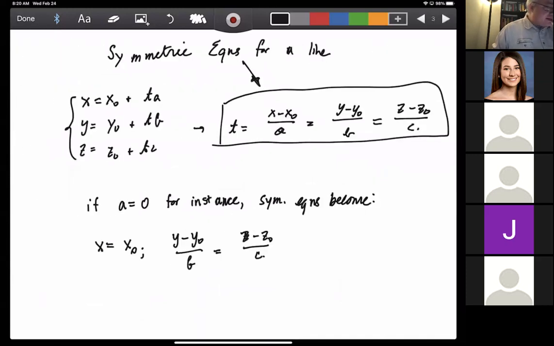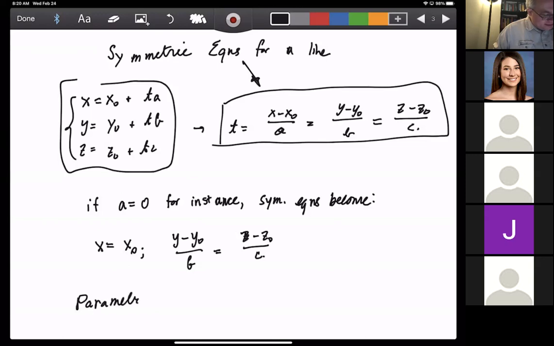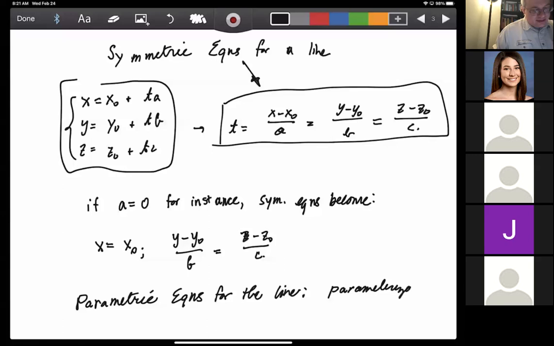Before we go on, I just want to point out, if you think about these parametric equations for the line, these give you what's called a parameterization for the line. And that is not unique. There's many ways to produce a parameterization for the line.